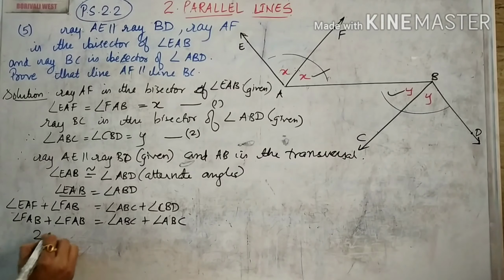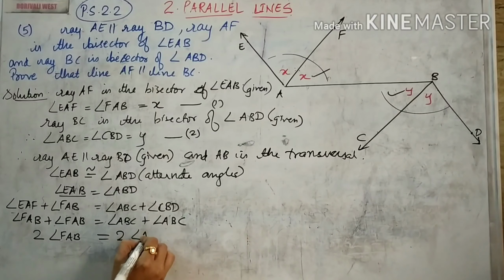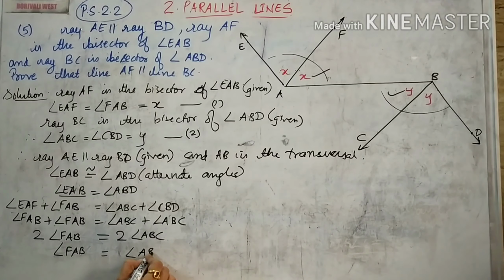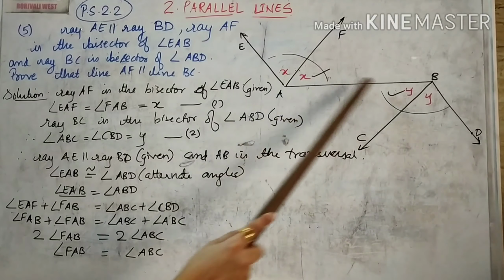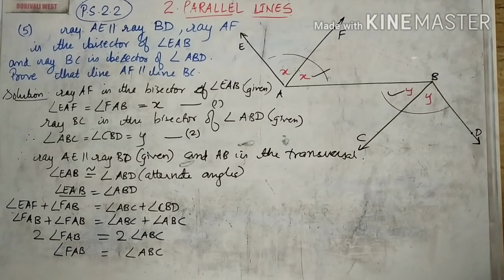This will become 2 angle FAB equals 2 angle ABC. Now the 2 will get cancelled, because it will become 2 divided by 2. So we are left with angle FAB equal to angle ABC. Once I get angle FAB equal to angle ABC, I can say that these two rays are parallel to each other using the alternate angles test.